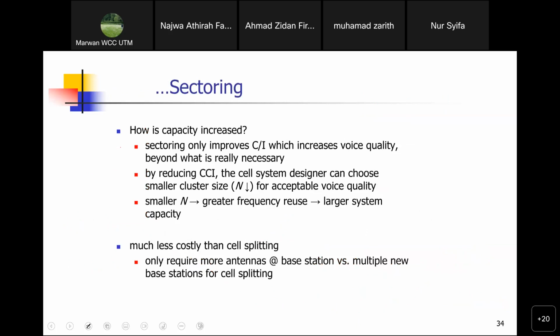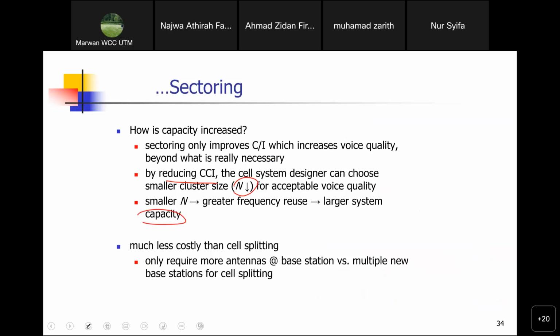Sectoring improves C over I. When you have a better C over I, if it is already over the requirement of your system, you can use a smaller N size. So a smaller N size gives you larger capacity. Okay, so this is how sectoring is being used. So this is one way you can improve the number of users per cell.